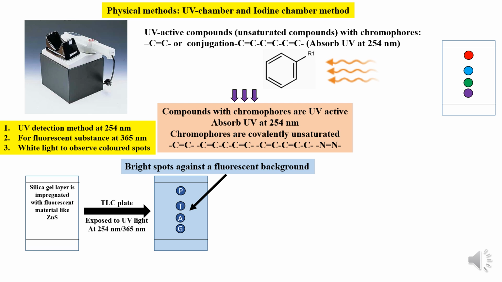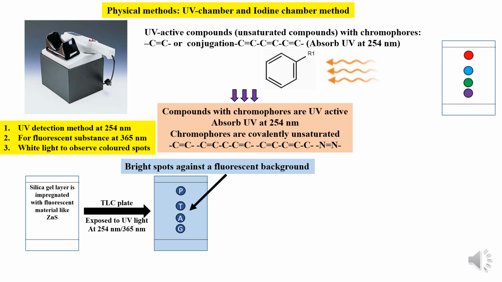The TLC plate that you have developed for the separation of the given sample mixture made up of the amino acids phenylalanine, tyrosine, alanine, and glycine, they appear as bright or dark spots against a fluorescent background.